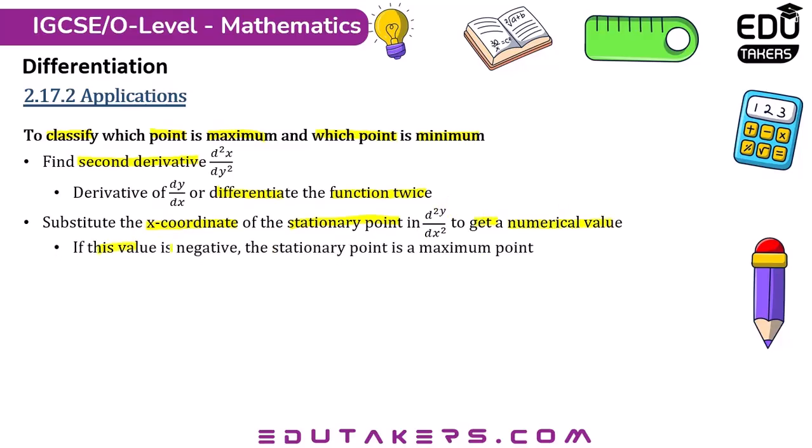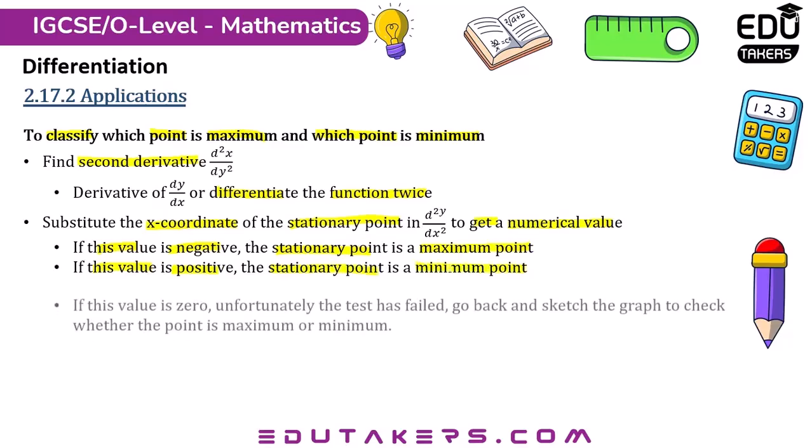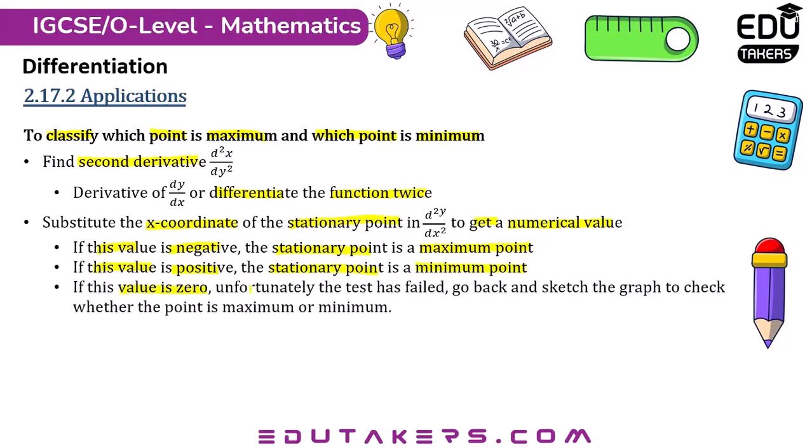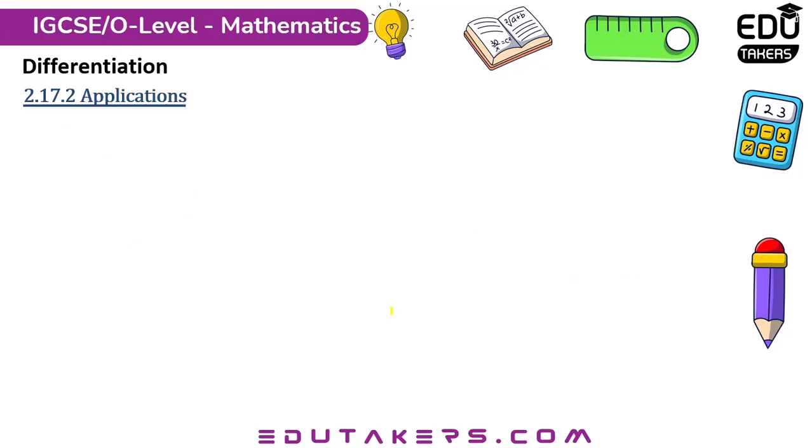If this value is negative, the stationary point is a maximum point. If this value is positive, the stationary point is a minimum point. If this value is 0, unfortunately, the test has failed. Go back and sketch the graph to check whether the point is a maximum or minimum.